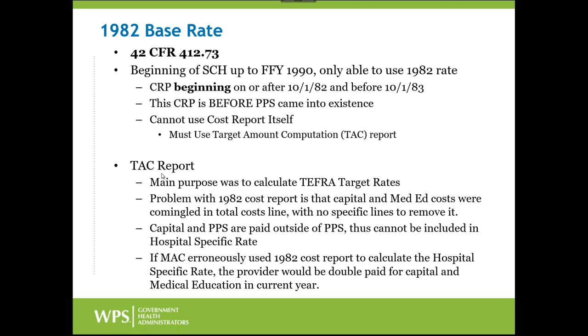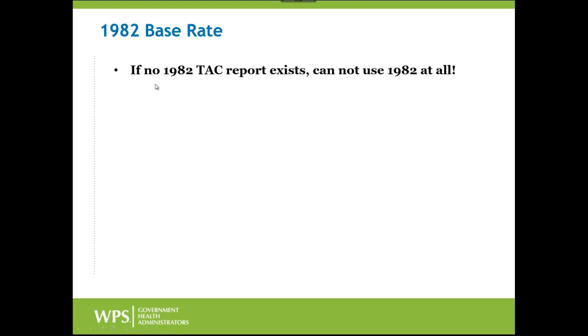Now, if we come across a situation where the 1982 TAC report cannot be found, does not exist, then the 1982 cost report base rate just cannot be used at all. We can't go in there and try to redo what the TAC report was doing, and we certainly can't use the 1982 cost report. So as we'll see in a few slides, there are provisions that allow us to use other base rates when a particular base rate does not exist.